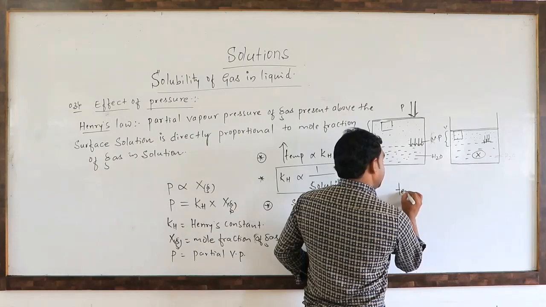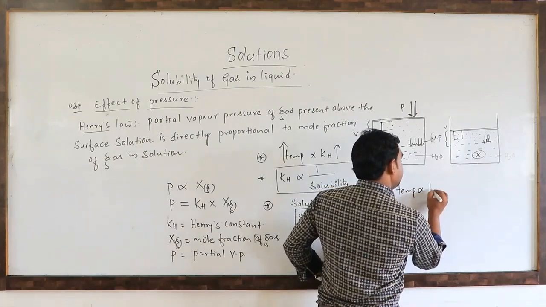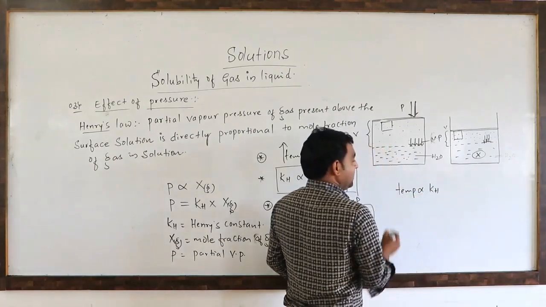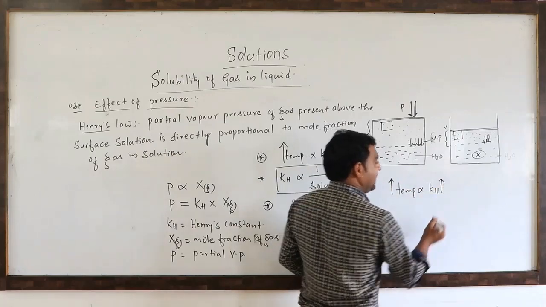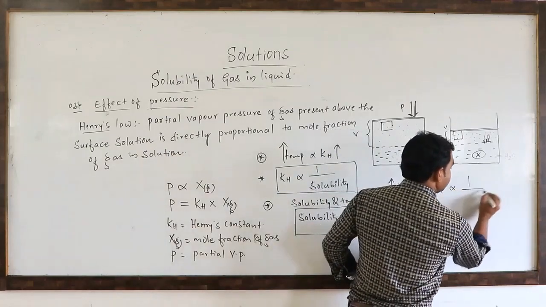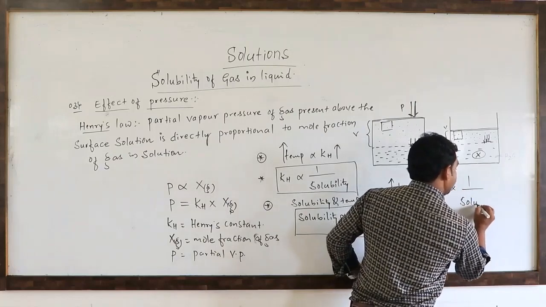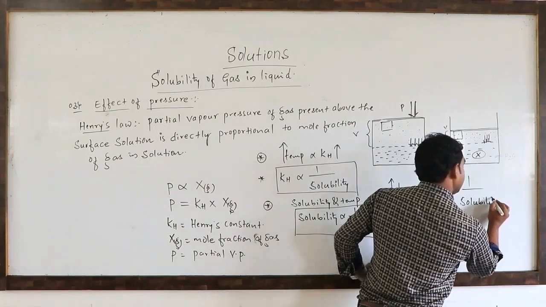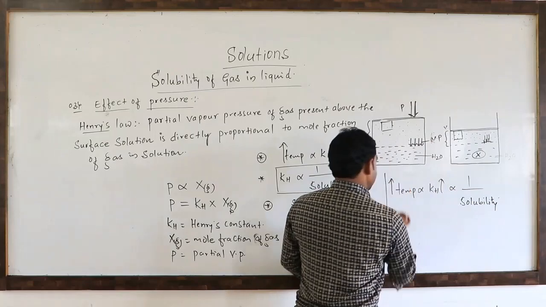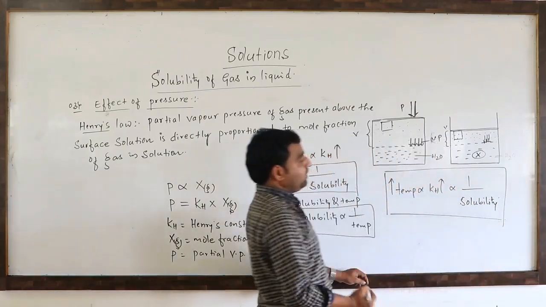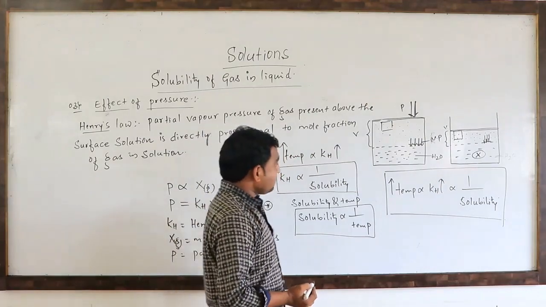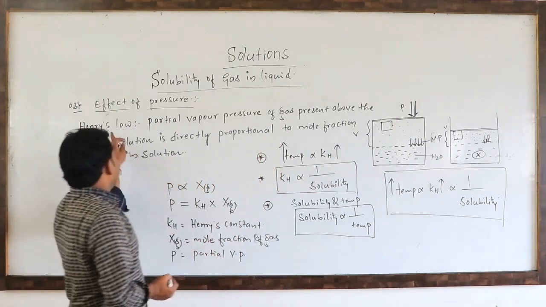Temperature is directly proportional to Kh value, so increasing temperature, Kh value also increases, and Kh value is inversely proportional to solubility. So this is the formula you have to remember. So this is Henry's law.